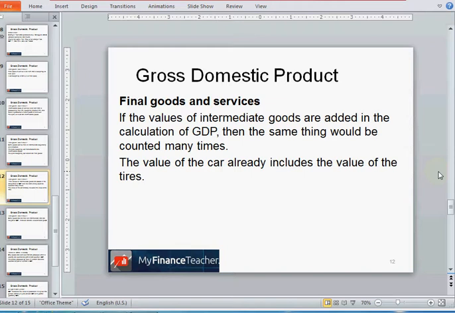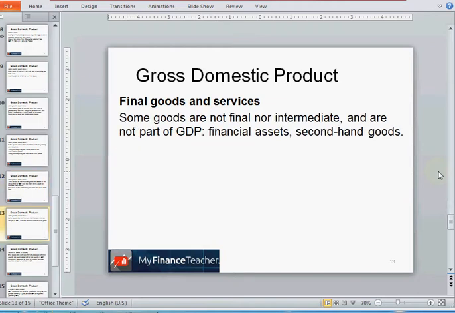For example, if the price of a car is $40,000, these $40,000 already include the value of the tires. Hence, we don't need to add the value of the tires in addition to the price of the car.